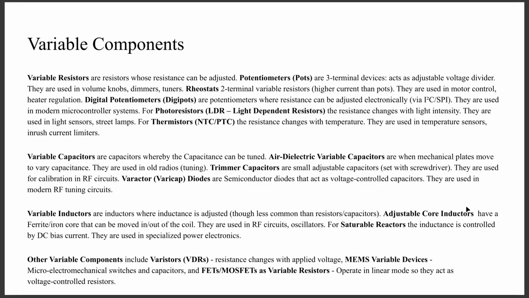They include air dielectric variable capacitors, trimmer capacitors, and varactor/varicap diodes. Variable inductors are inductors where inductance is adjusted: adjustable core inductors and saturable reactors. Other variable components include varistors, MEMS variable devices, and FETs/MOSFETs.